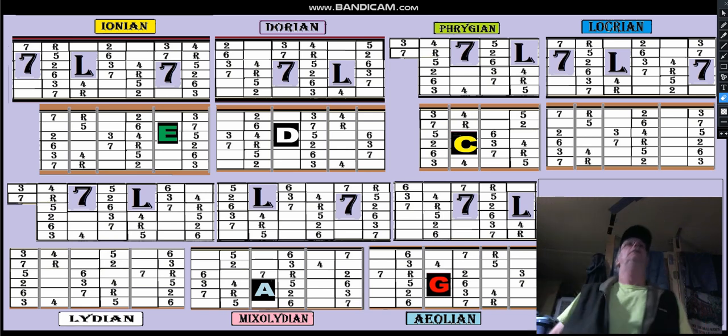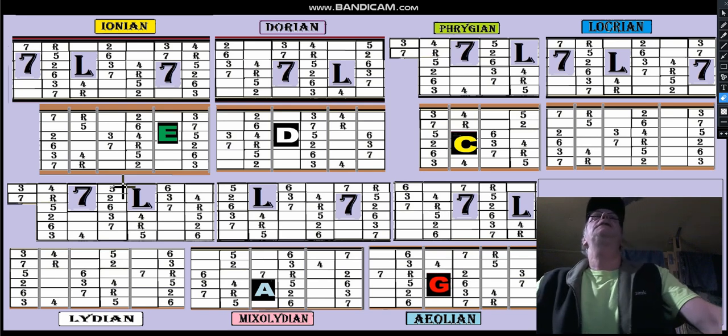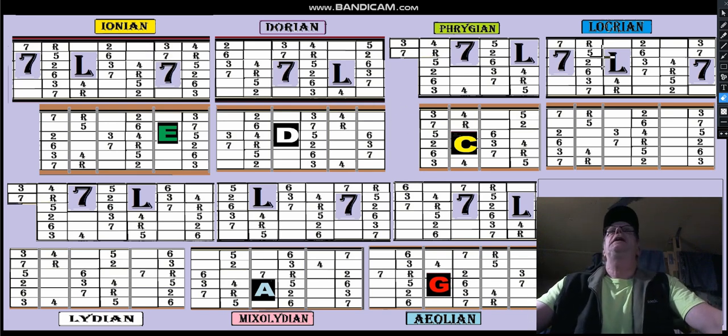Okay, that big long keyboard, if you cut it up into 7 sections like this, and the Ionian would start on the root, 2, 3, 4, 5, 6, 7.